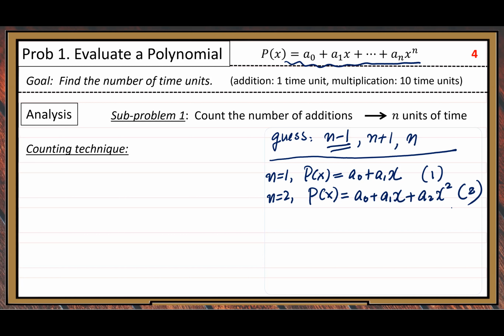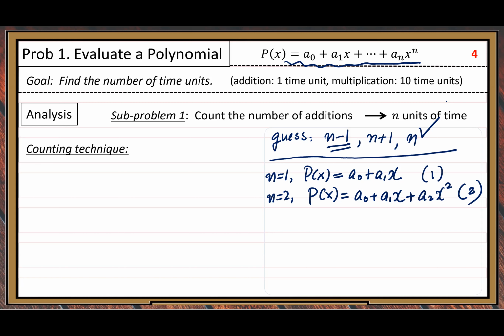Which one is correct? n is correct. See? Guess and verify. This approach is the guess and verify approach. But it's not enough.